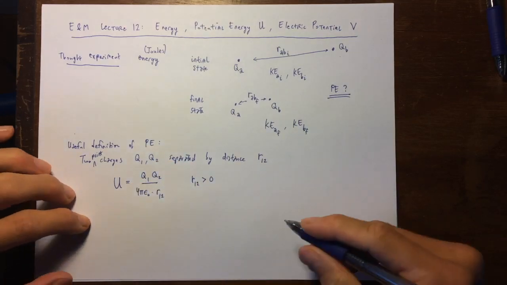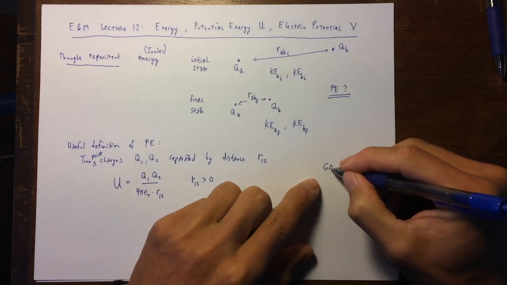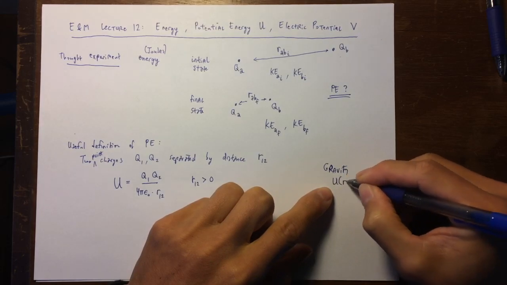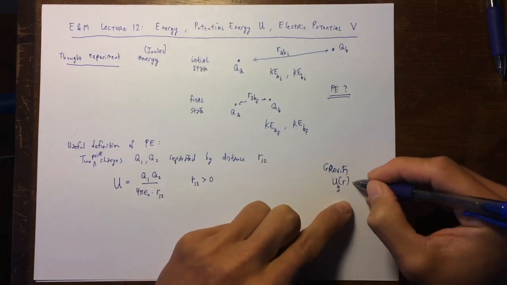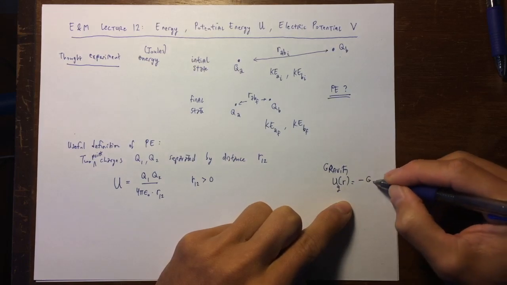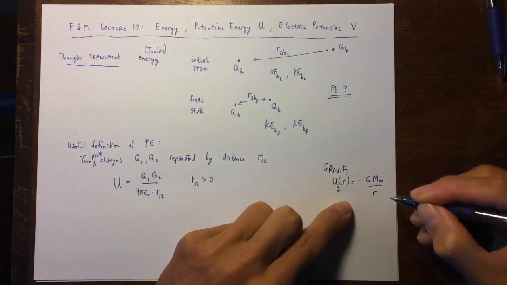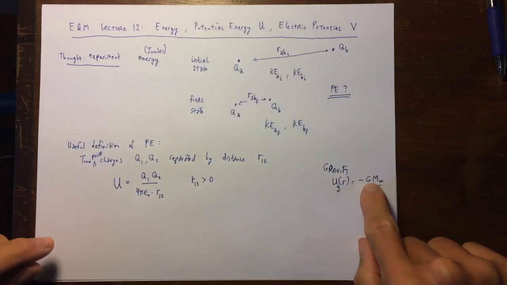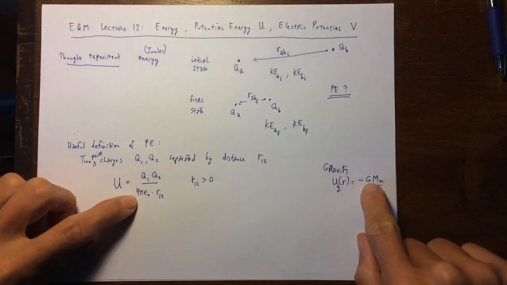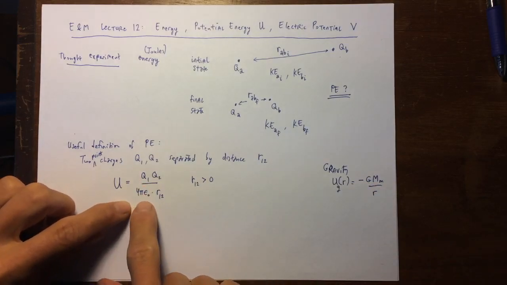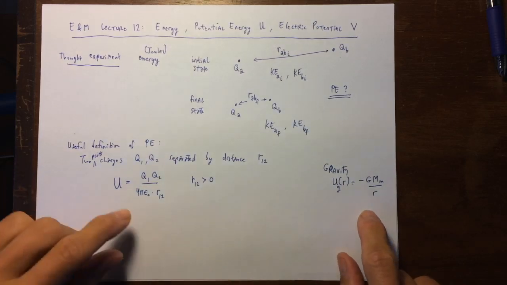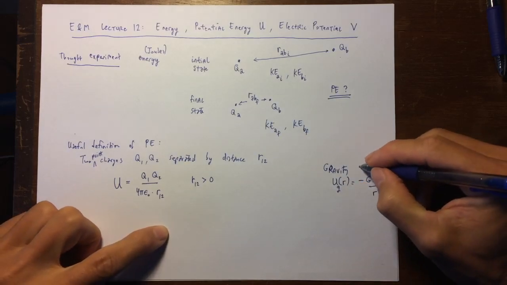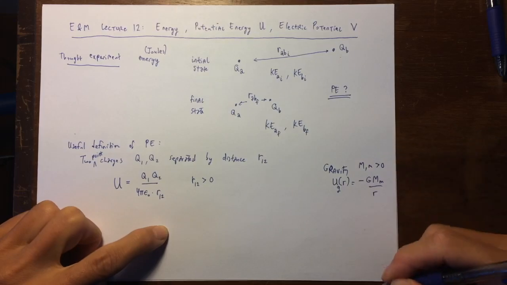But notice there's no symbol. In gravity, I'd like to remind you that the potential energy that you likely would have defined for gravity had a minus sign. It was G, say, M over R, like this. So G is the universal gravitational constant. Over here, the universal electrostatics constant is 1 over 4 pi epsilon naught instead. And there is a minus sign here, and that minus sign is because masses are positive, right?